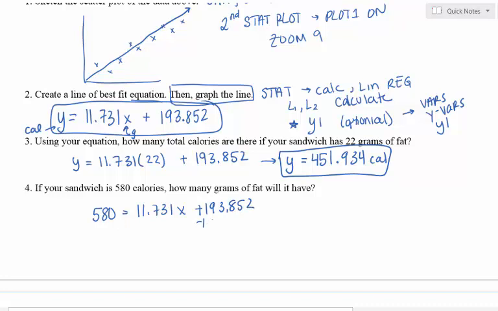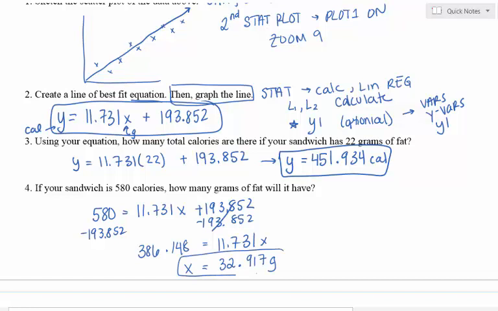So if I subtract this 193.852 from both sides, I get 386.148 equals 11.731x. Divide both sides by 11.731. X equals 32.917 grams of fat. Make sure you include your units.